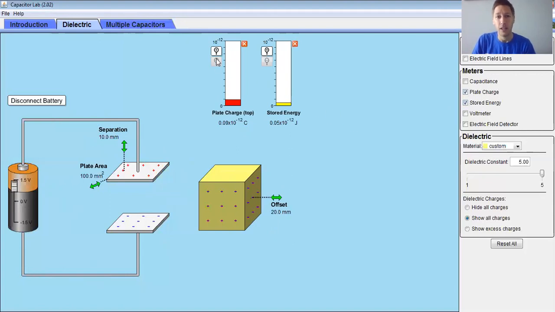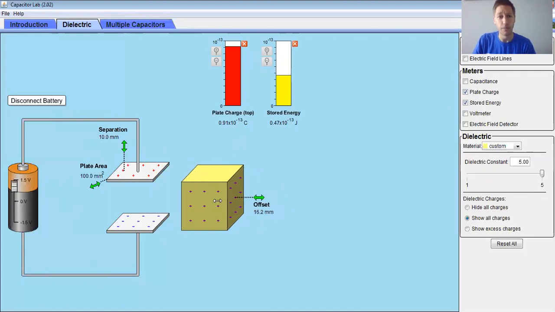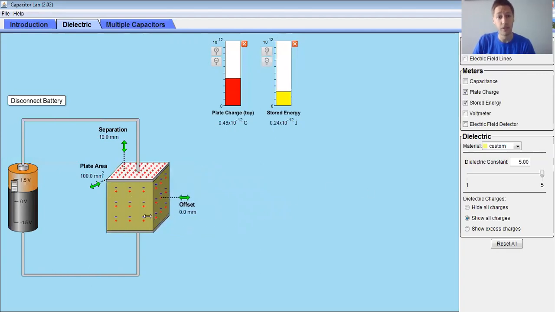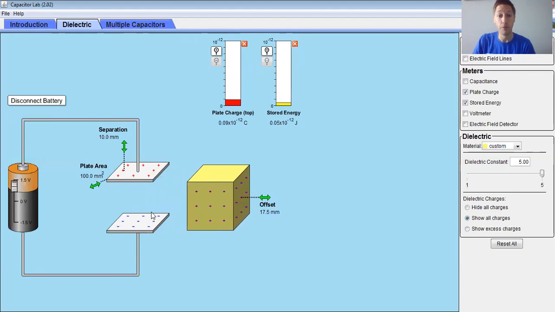Again, we can look at this. We've got some nice little graphs you can bring in here. When we bring in our dielectric, we're going to see that the plate charge increases, and the energy stored increases as well. Before, we could only build up a certain charge before it zapped across.